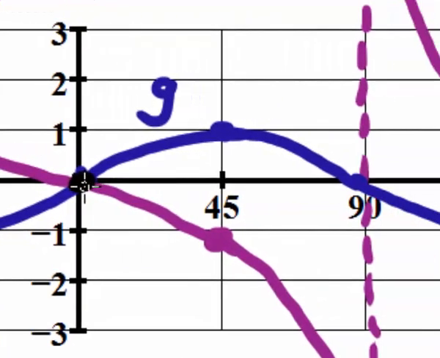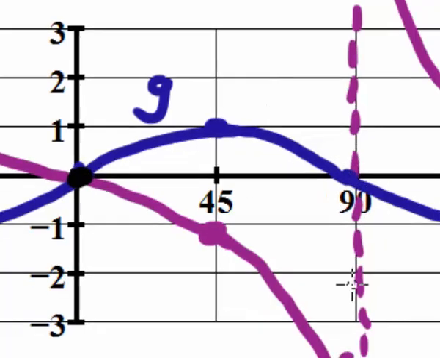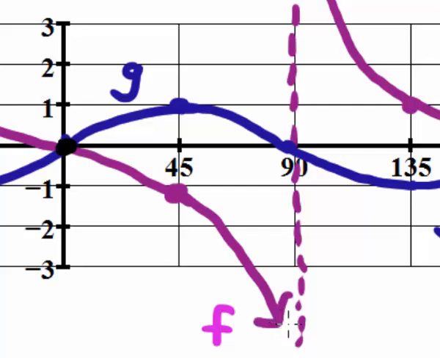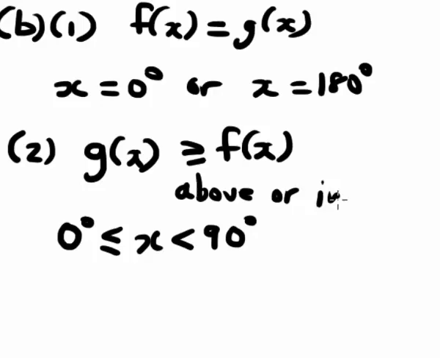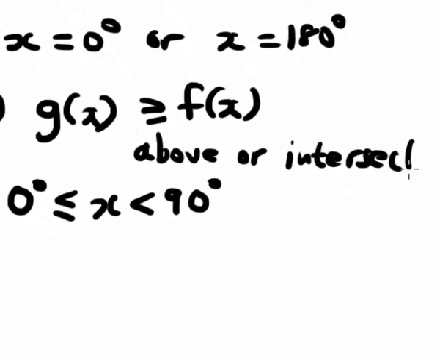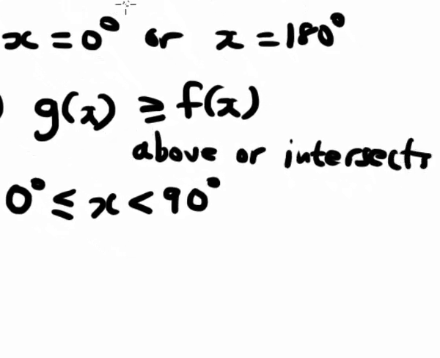Now, from 0 to 90, the blue graph goes above. But remember, at 90 the tan graph doesn't cut the asymptote. So we go 0 ≤ x < 90. Notice we're not including the 90. But remember, this is above or intersects, because an equal sign means where it cuts.